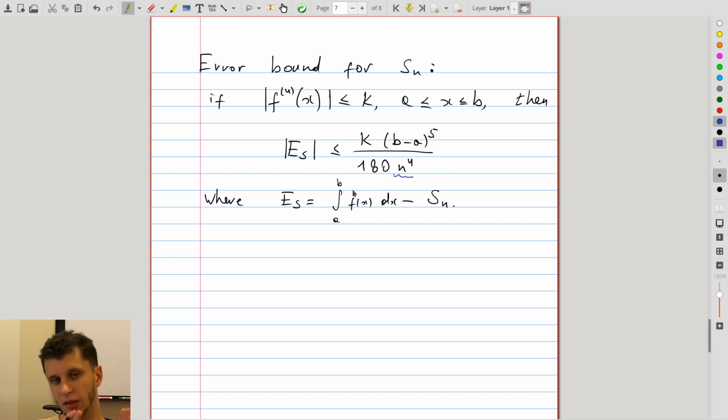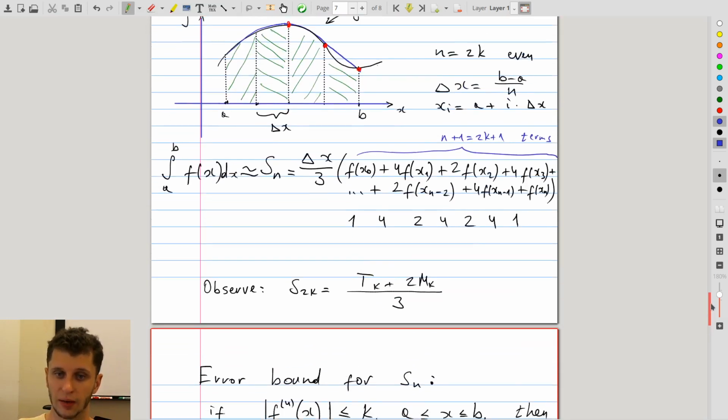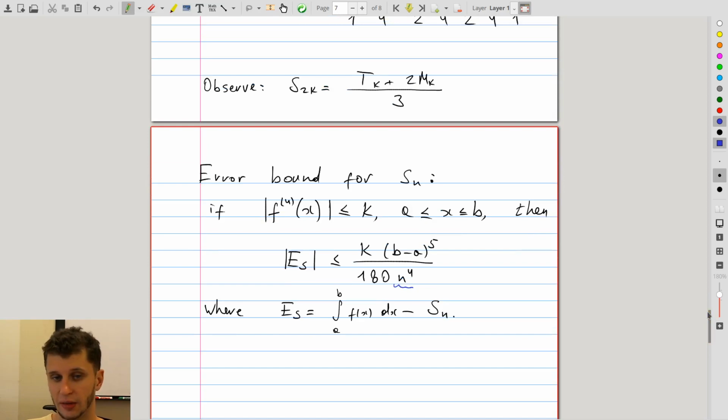If you recall the error bounds for the trapezoidal and midpoint rules, you will see that there n appeared with the second power in the denominator. Here it appears with the fourth. This means that Simpson's rule is indeed much more precise than the trapezoidal and midpoint rules.